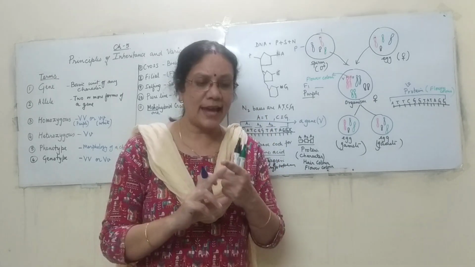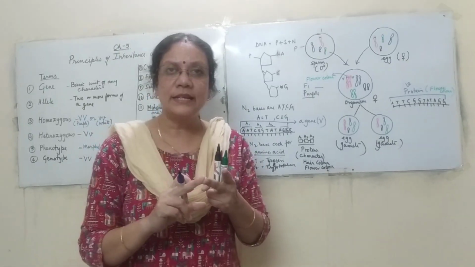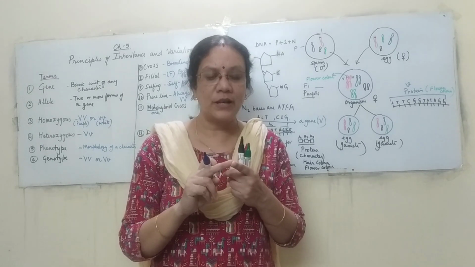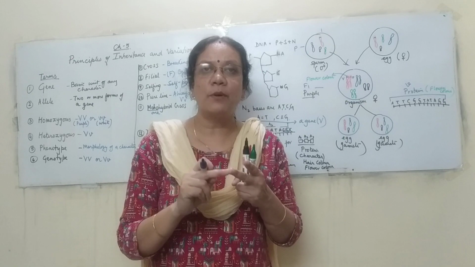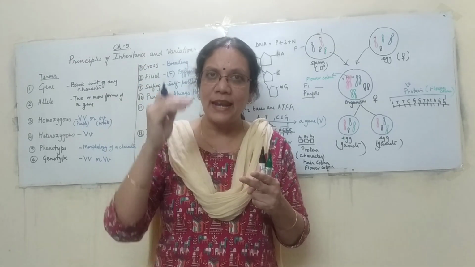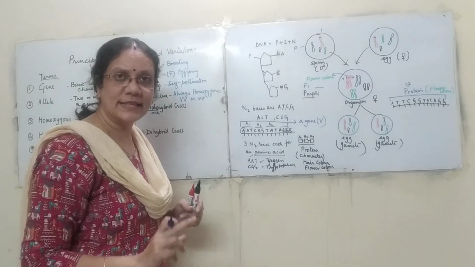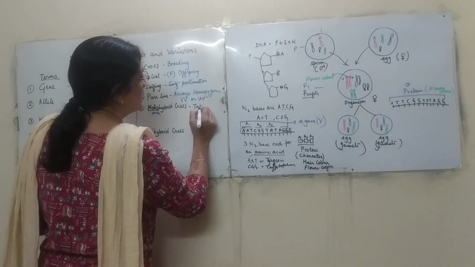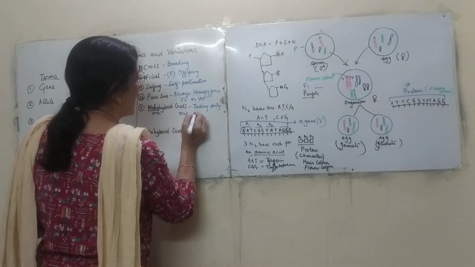I told you character or a trait here, it means height of the plant, the color of the flower, the color of the seed, the shape of the seed. There are 7 characters and of all those characters, only one character is taken.